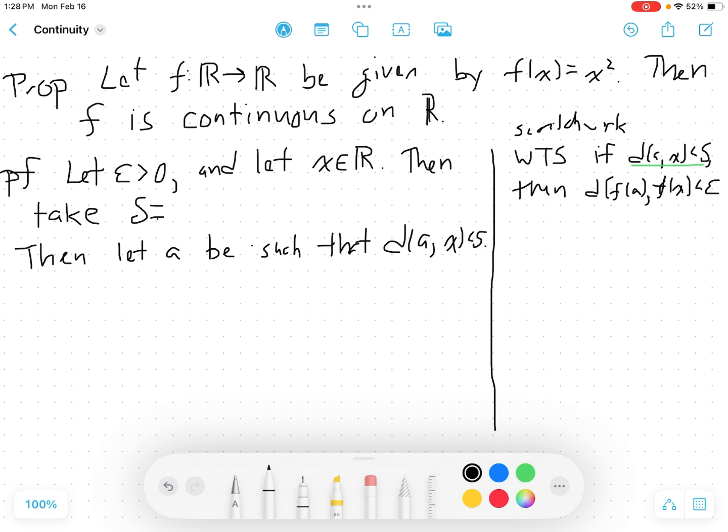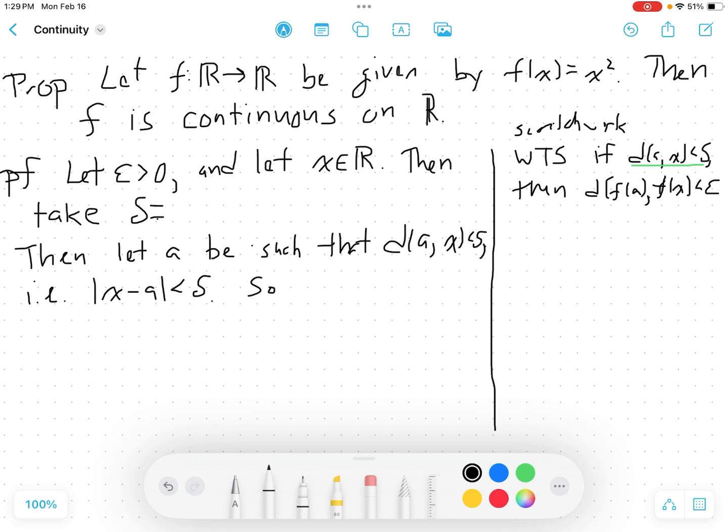And in this case, since we're talking about distances in the real numbers, we can say absolute value of x minus a is less than delta. So now I want to figure out how we can show that our distance between our outputs is going to be less than epsilon.